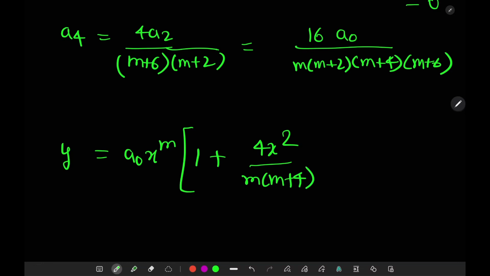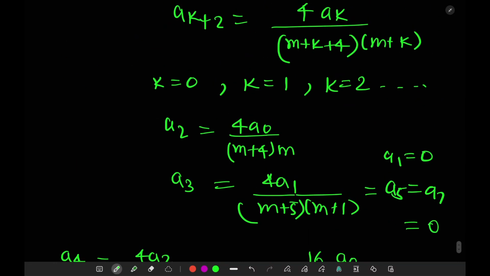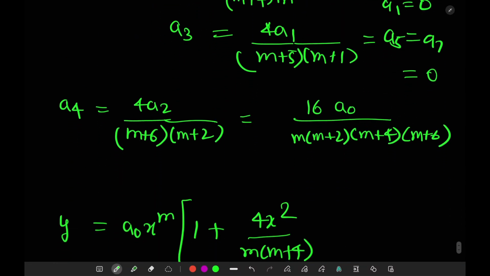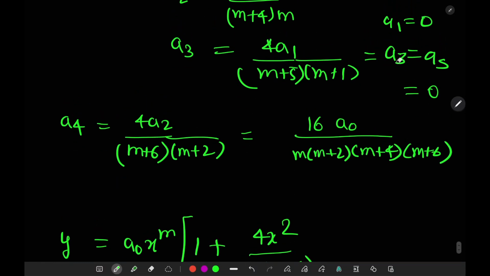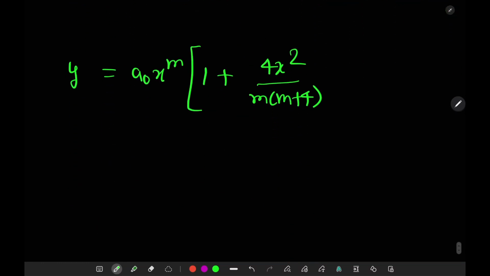This x square comes because a1 is 0, and a3, a5 up to so on. So we can write here only these even terms. So we can write here this.